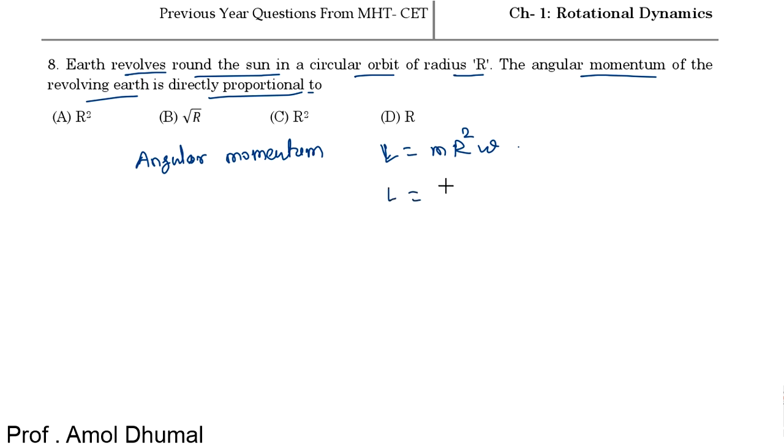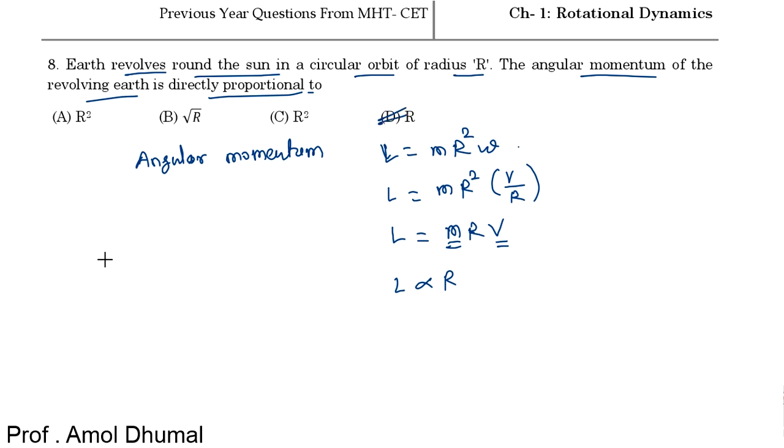So L is equal to m r square into v by r. So L is equal to m r into v. The mass of earth is constant, the linear velocity is constant, so therefore L is directly proportional to r.